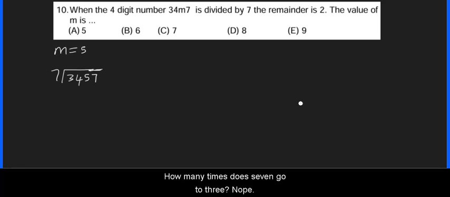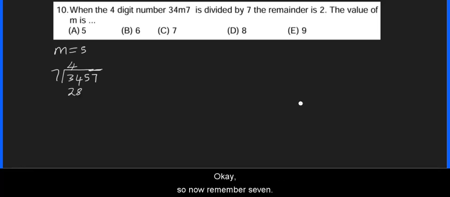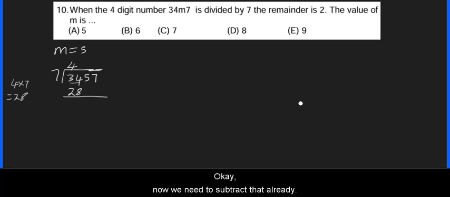How many times does 7 go into 3? No. How many times does 7 go into 34? It goes 4 times. 4 times 7, we get 28. Now we need to subtract that.